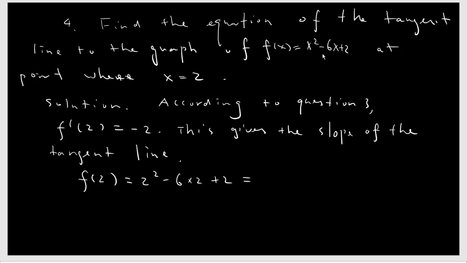I think you told me before this value is negative 6. So the point with x-coordinate of 2 and y-coordinate of negative 6 is a point on the tangent line.